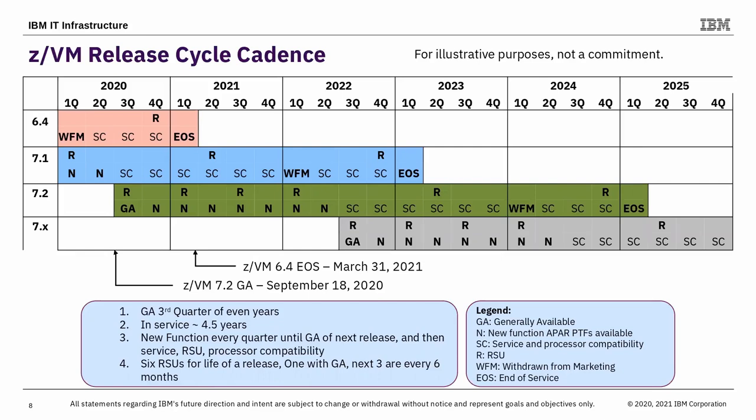And what you can see now in this cadence chart is a bit more extra information, so that along the 7.2 row, when the general availability happens, there are then new function enhancements introduced each quarter.